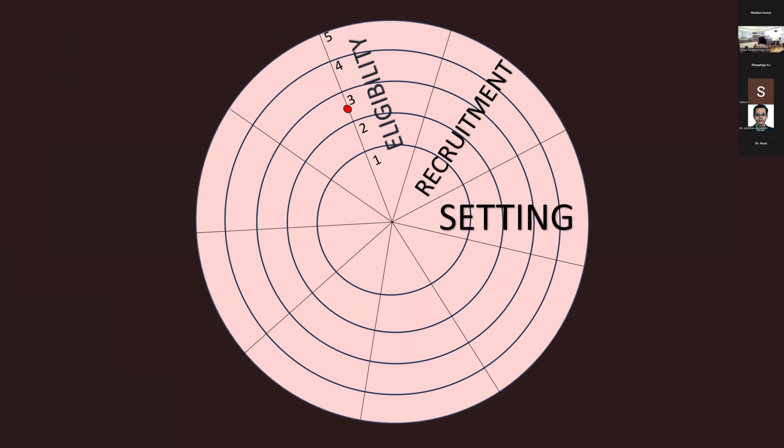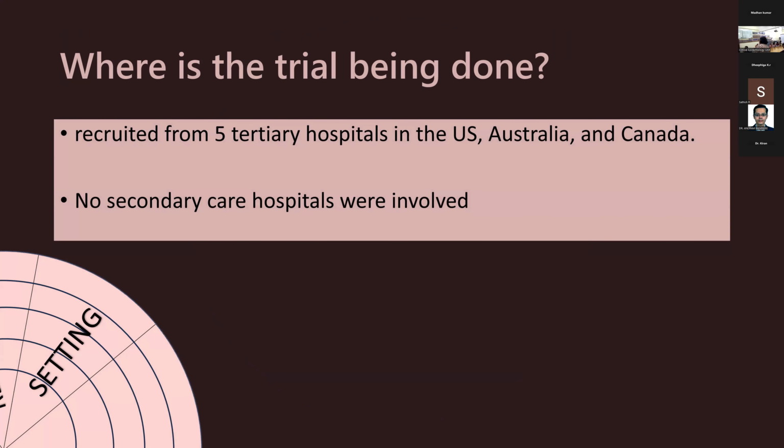Next is setting. In a pragmatic study, this should resemble the usual care setting where the patient would probably get the treatment for a condition. Here the disease in question is atrial fibrillation. And where all can a participant get the treatment for atrial fibrillation?